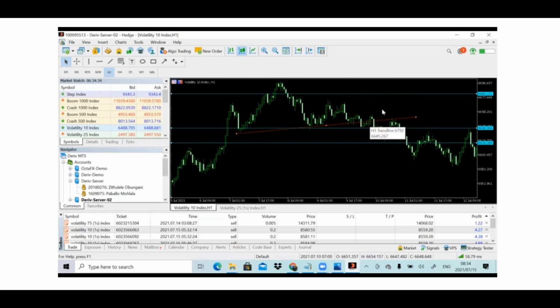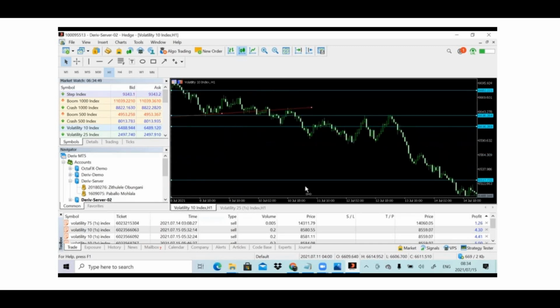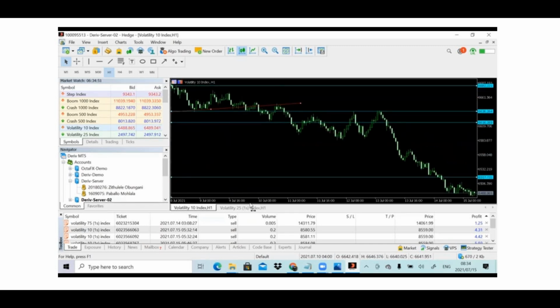The neckline broke out there, giving you another entry. You have the horizontal line, we got the confirmation, so they complement.